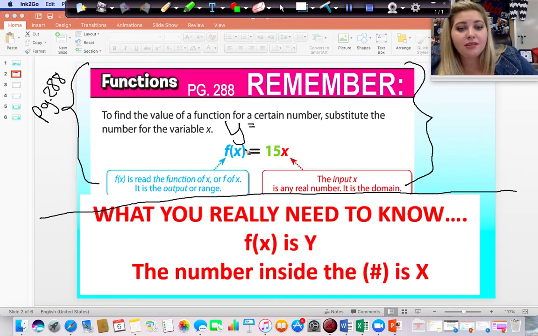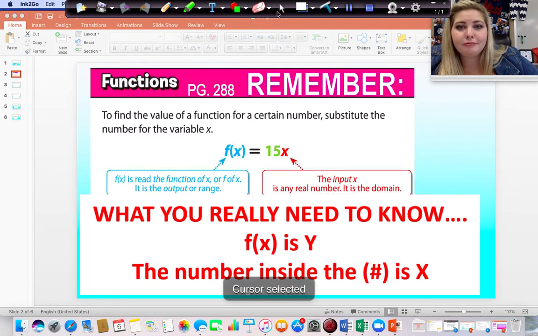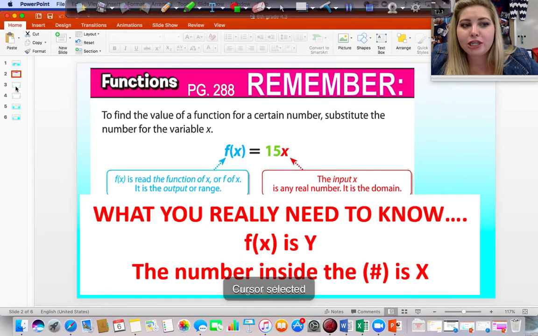So this is just your y, and this x is this x. Okay? That's all you need to know. This x is this x, and then f of x is your y. Make sure all that is written down.